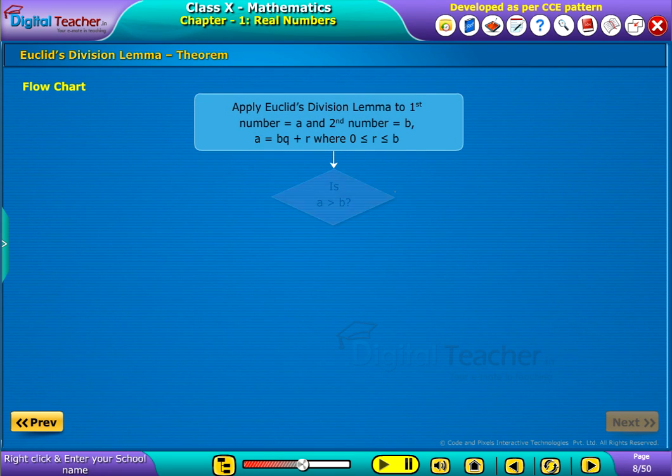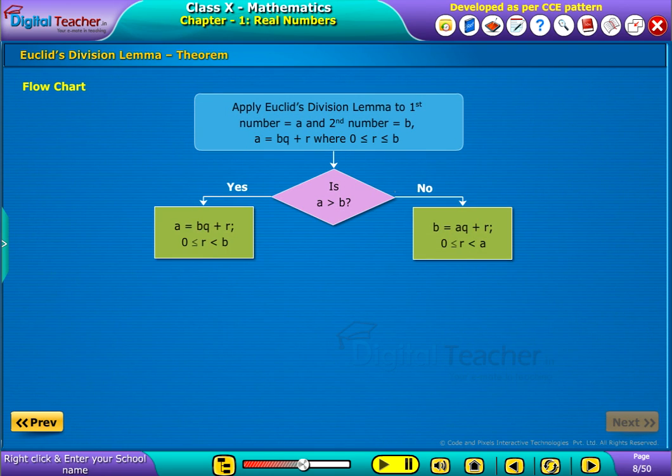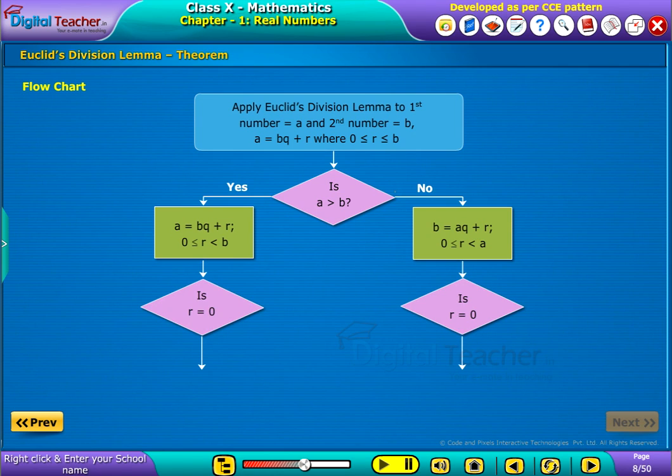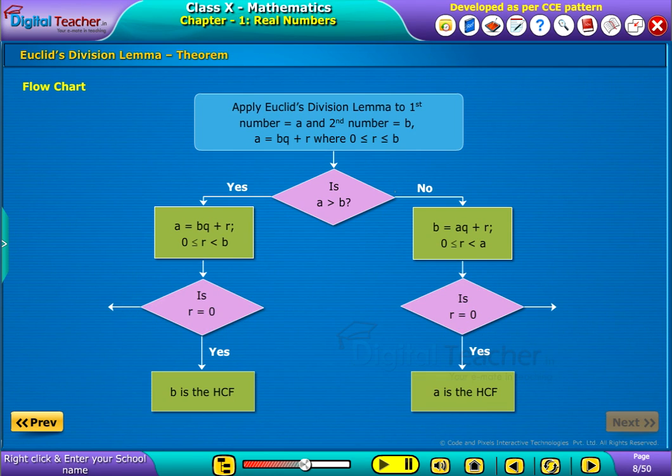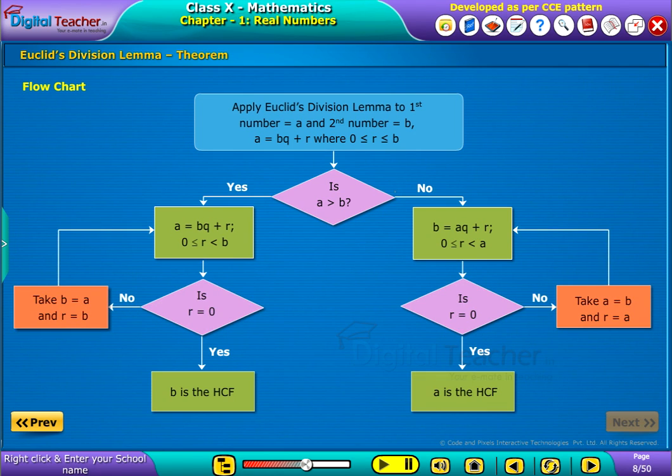Flowchart. Here let us know sequentially in the flowchart the steps to find the HCF. Let the first number be a and second number be b. If a is greater than b, then according to Euclid's division lemma, a is equal to bq plus r, where q and r are integers and 0 is less than or equal to r, which is less than b.